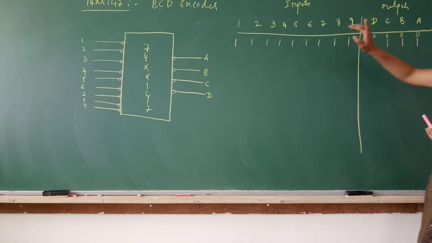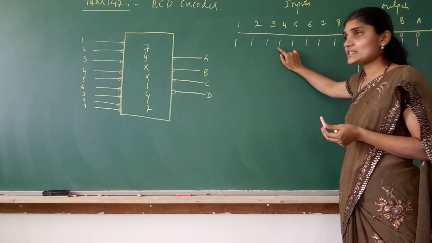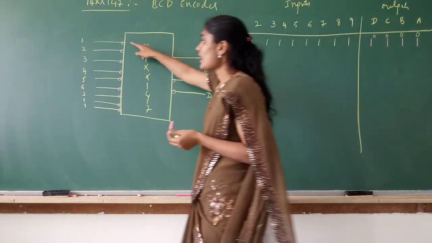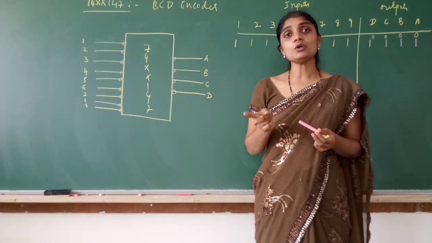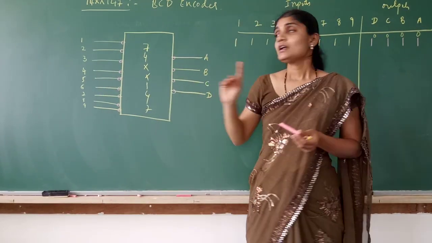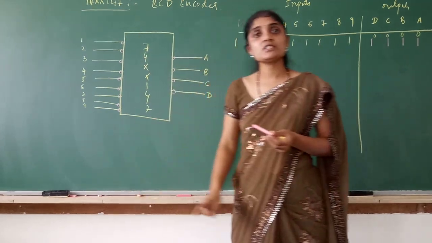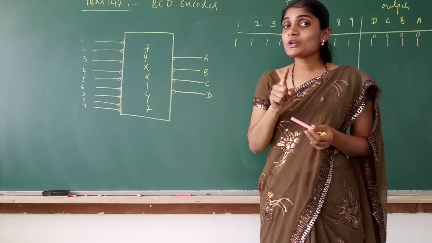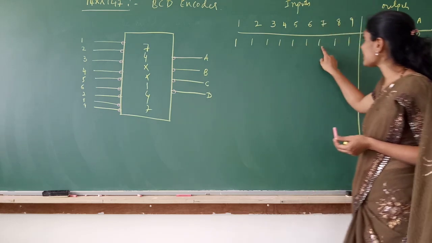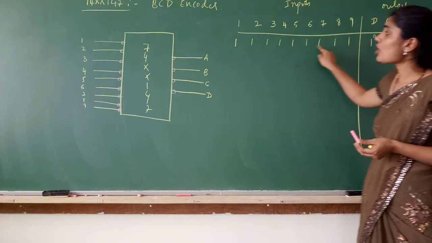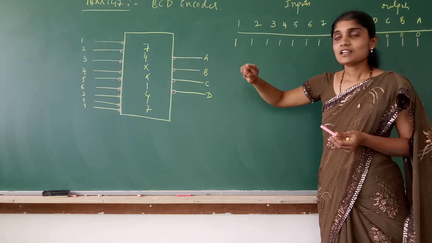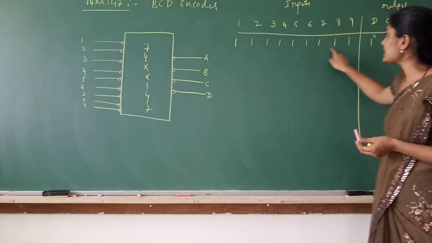What you should understand from this is, since I have only 9 inputs but decimal numbers from 0 to 9, that is 10 numbers, the input lines I have are only 1 to 9. So how do we represent 0? Like this. We represent 0 when no input line is selected.